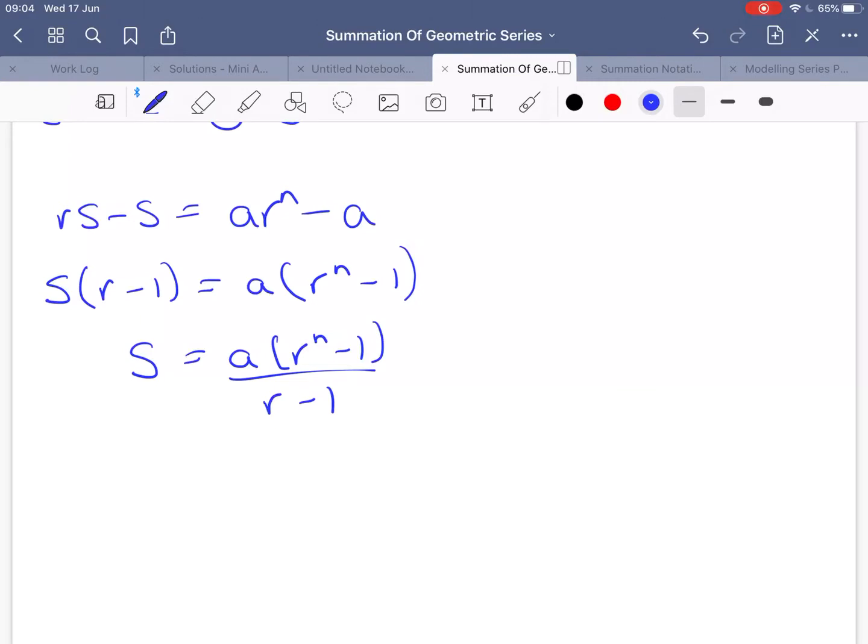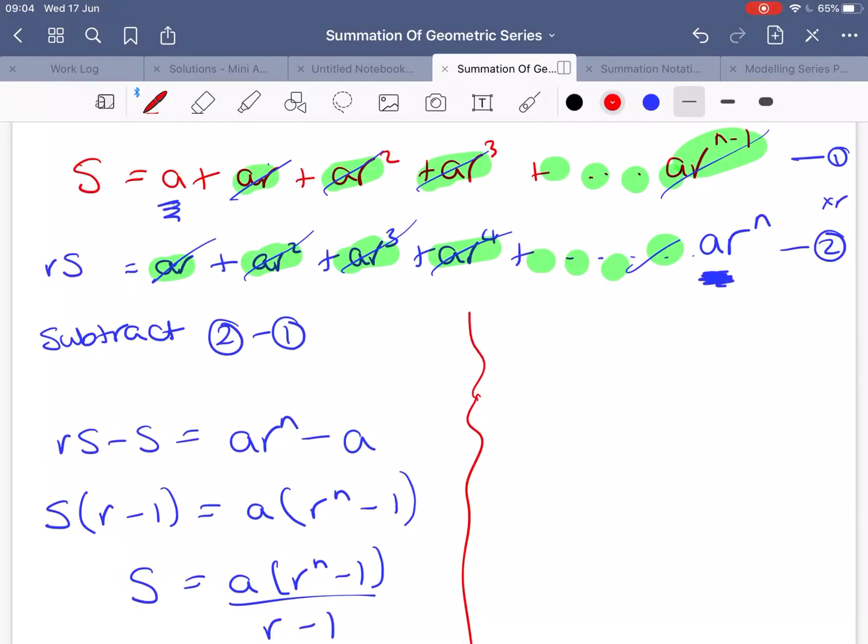Okay? Now, you sometimes see it in a different form, because sometimes what I could have said was, let's take equation 1 and then subtract equation 2 from it.